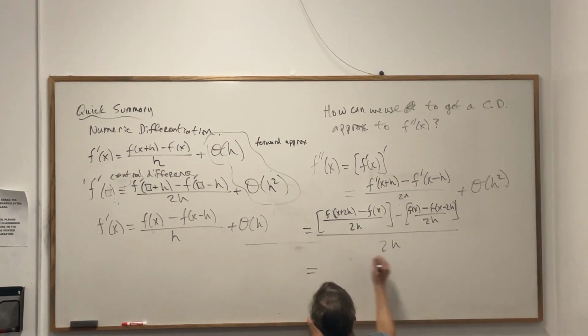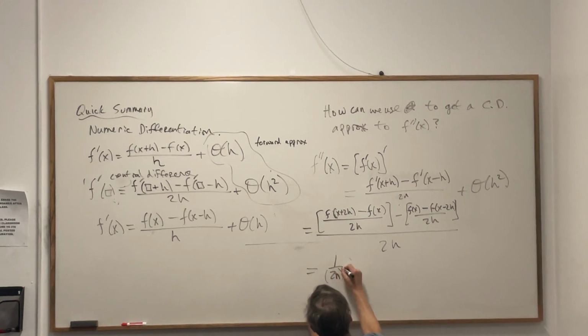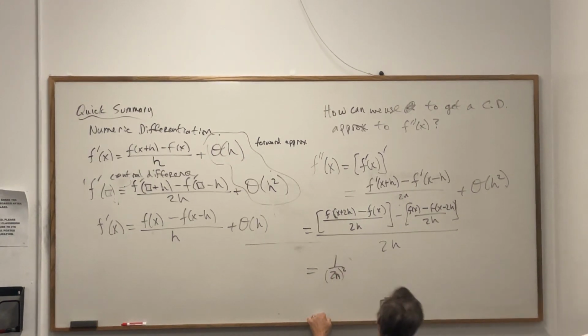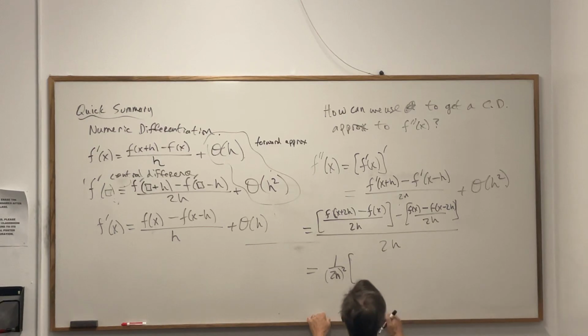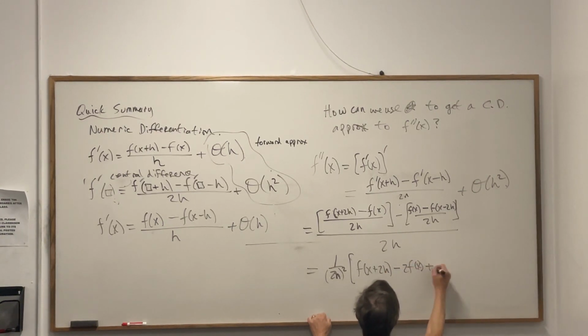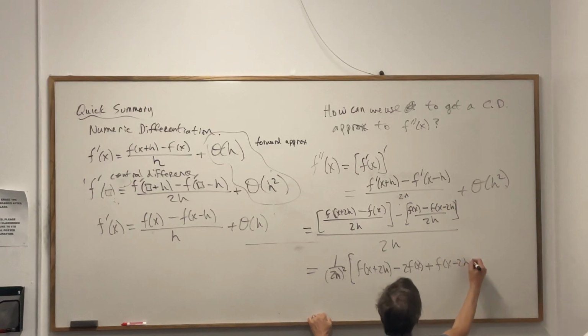And then if we got our fractions in order, that's going to be 1 over 2h squared times something really pretty neat looking: f of x plus 2h minus 2f of x plus f of x minus 2h.